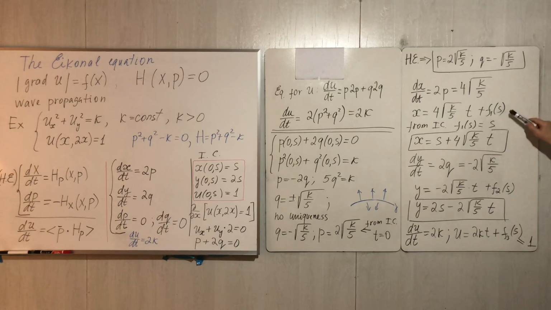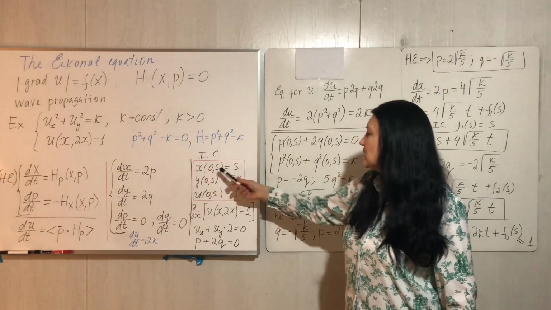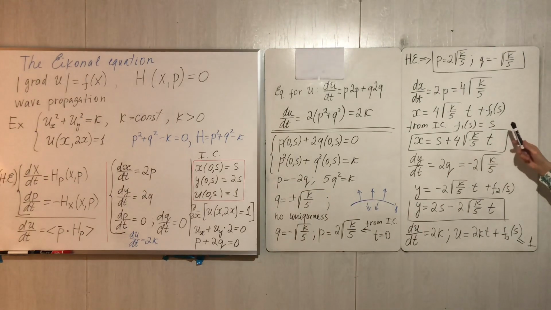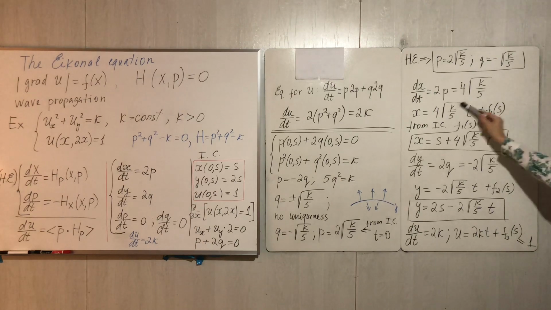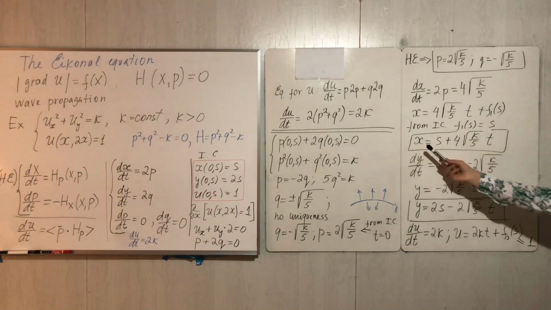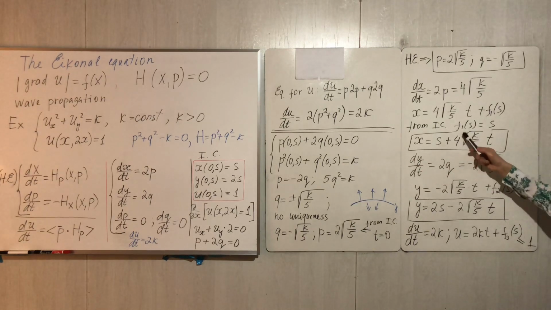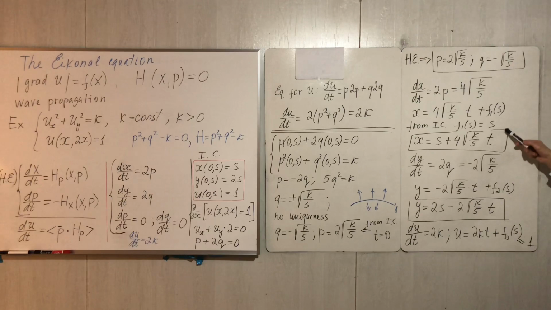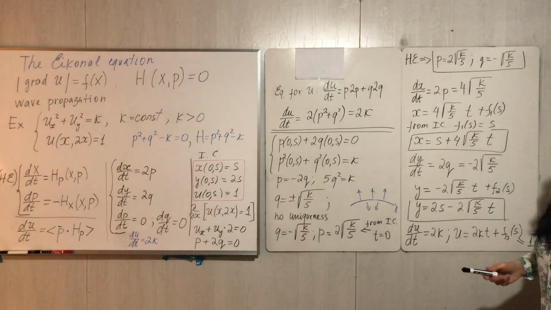And then we use initial conditions. x at 0 must be equal to s, and when t is 0, this disappears, so it means that F1 equals s. So the final formula for x would be s plus 2 square root of k over 5 times t.